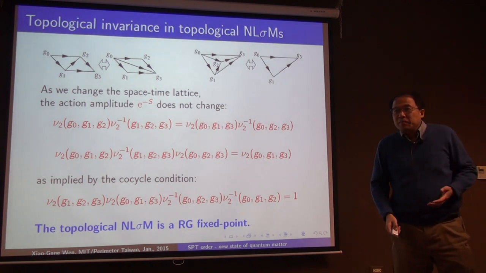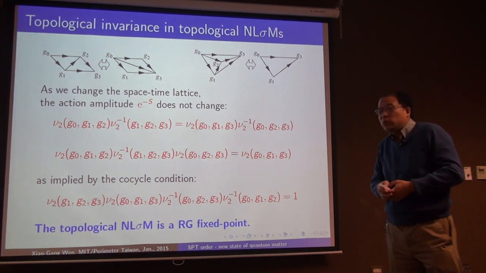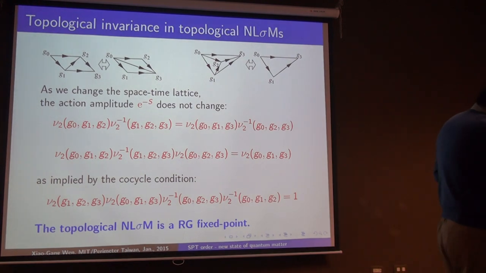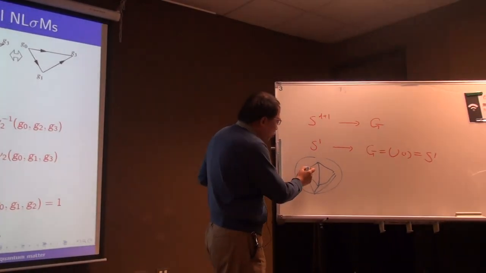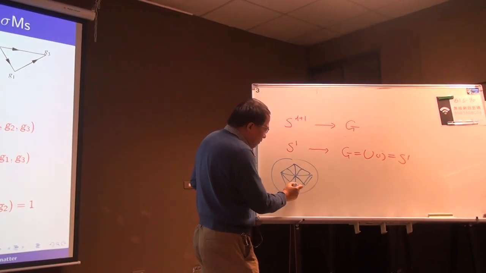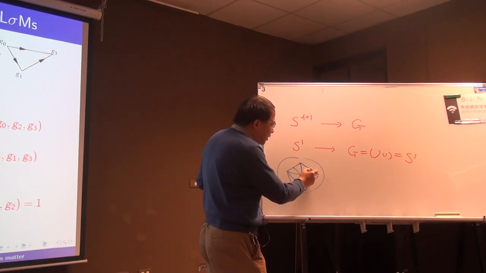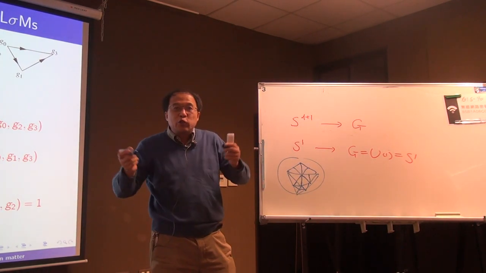So basically, when you have a space-time, usually to describe a path integral in the space-time, we need to choose a very refined triangulation, because this triangulation is like a cutoff scale. Usually in the continuum limit, we should take the thermodynamic limit, and the cutoff scale should be very small.